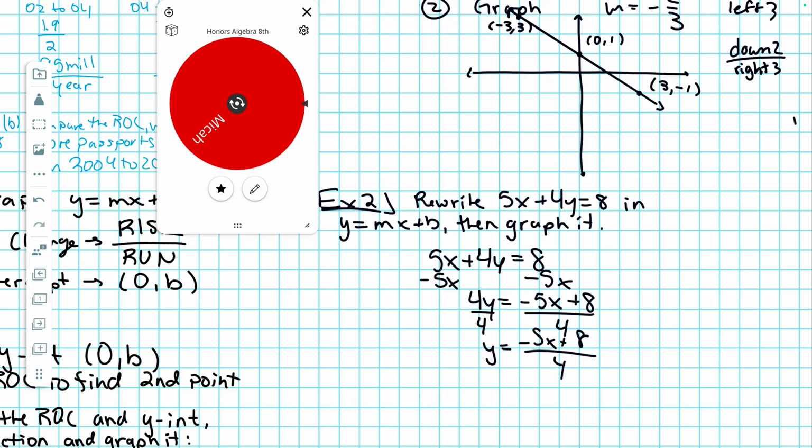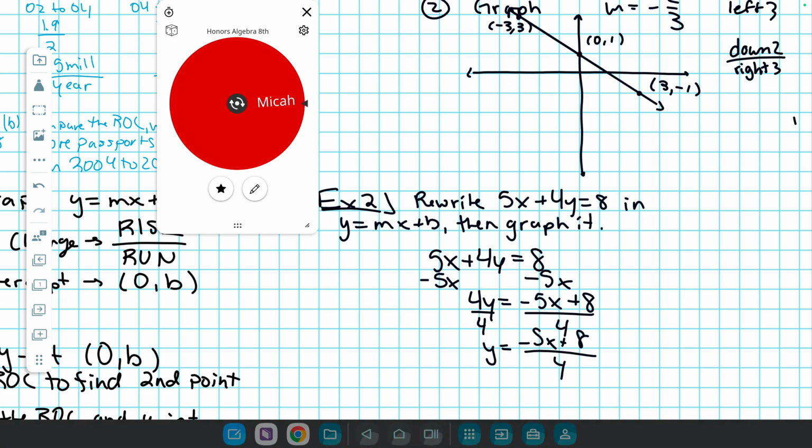If we multiply by 4, it will take us backwards. Micah, what do you think we're going to do here? Oh, no, it's red. Sorry, Micah, you don't get to go.